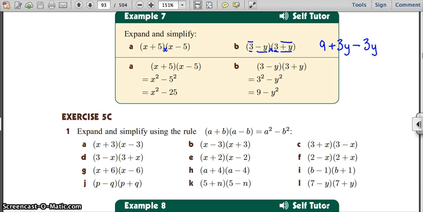Tish, you want to help out there? The negative Y times positive. The negative Y, they're last in this bracket and they're last in that bracket. So I reckon you were nearly there. Negative times a positive gives us a negative. Y times Y is Y squared.